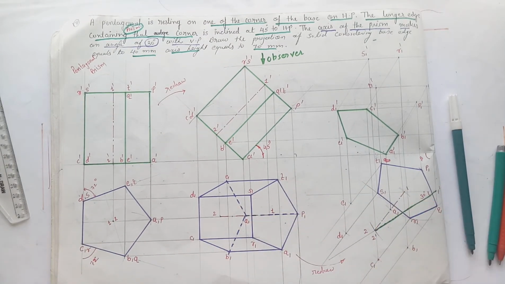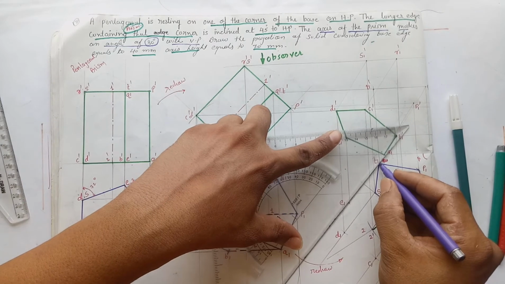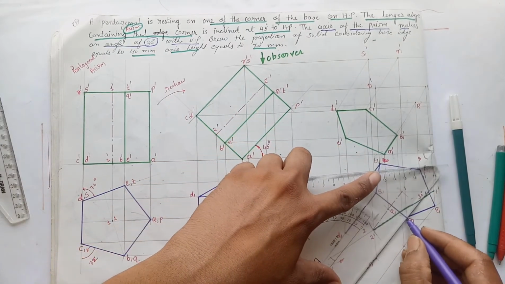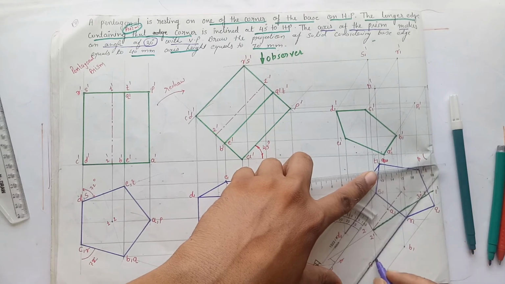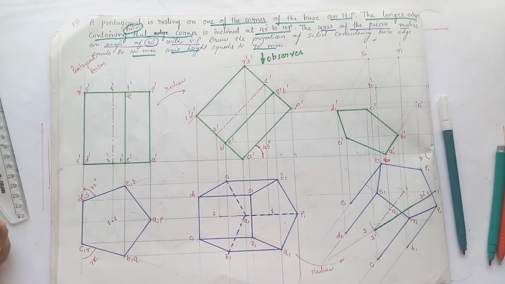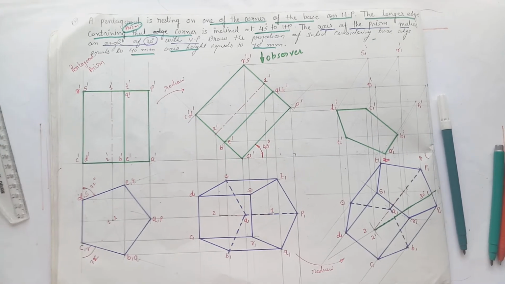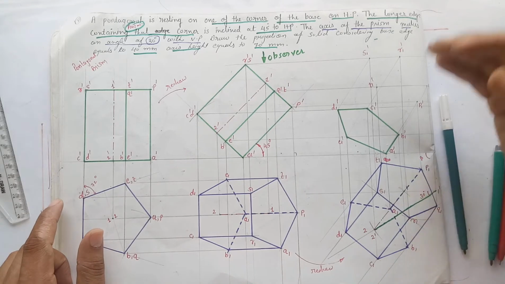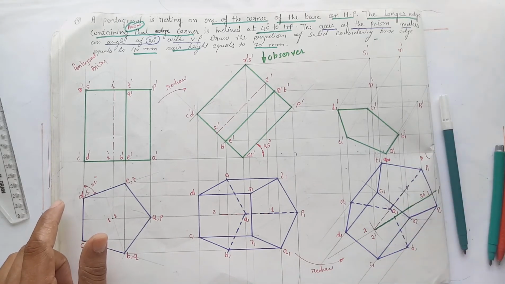Visible will remain visible, hidden will remain hidden. So draw the side edge and draw the base edge, visible and hidden. So after copying this figure over here, let us project the points upwards.